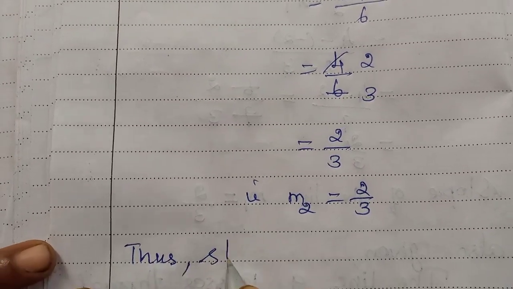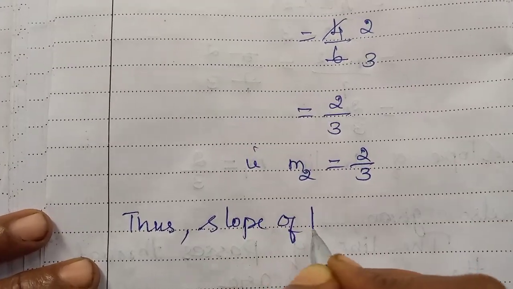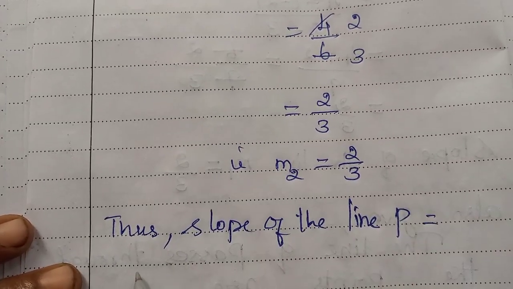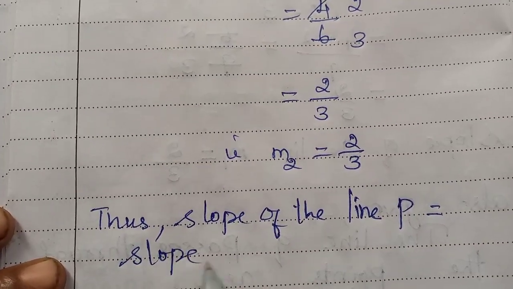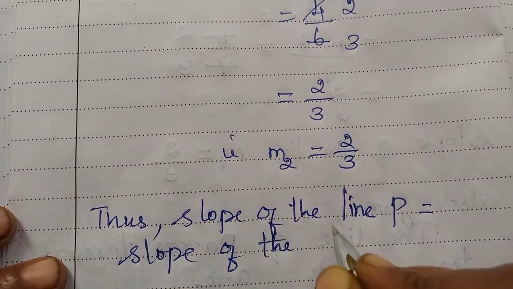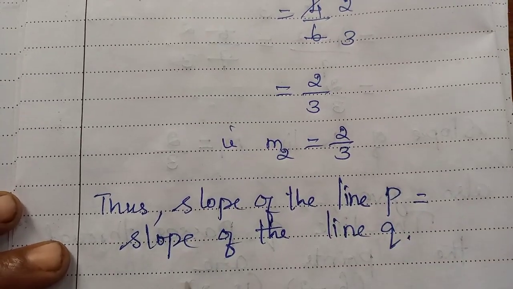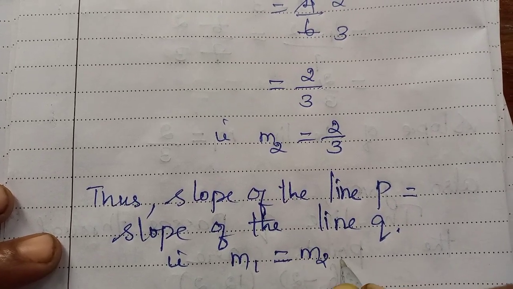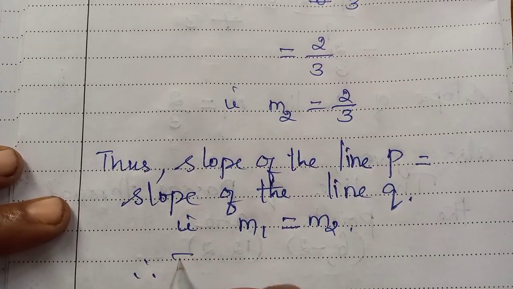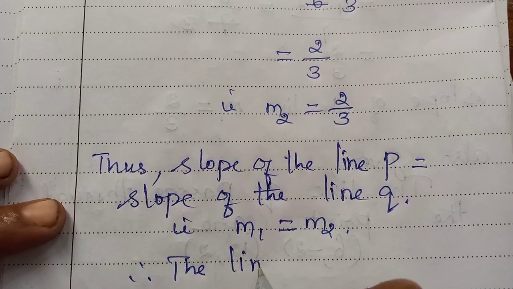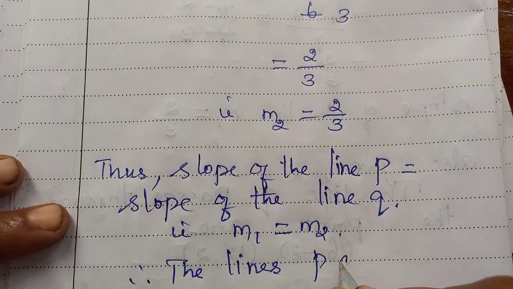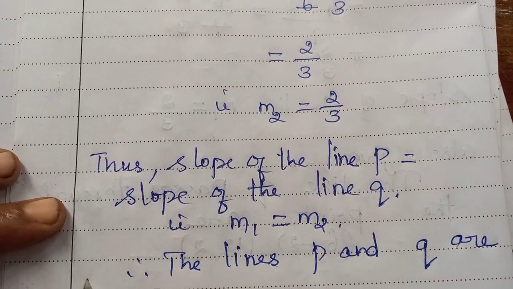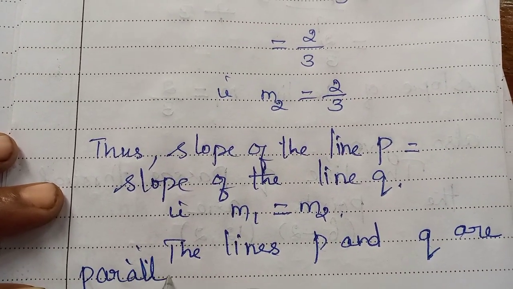Thus, slope of the line P is equal to slope of the line Q, that is m1 is equal to m2. Therefore, the lines P and Q are parallel to each other.